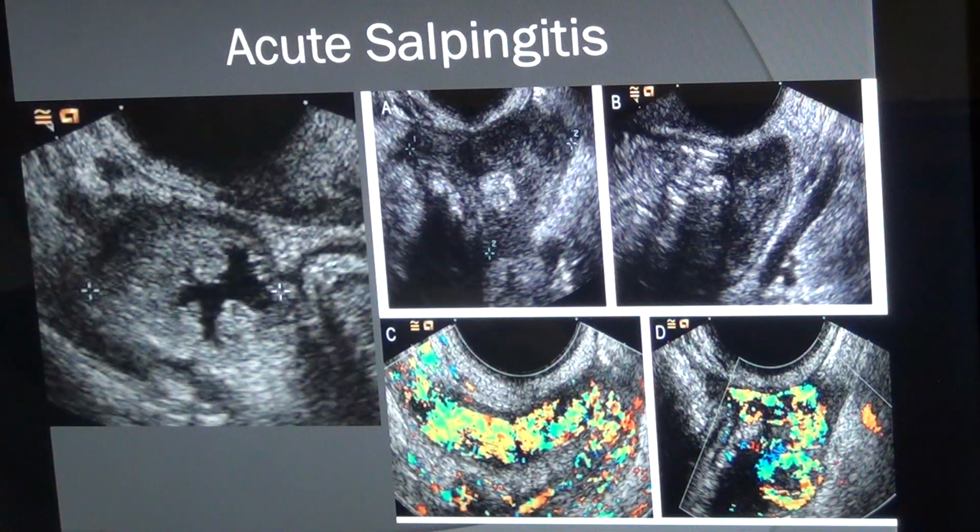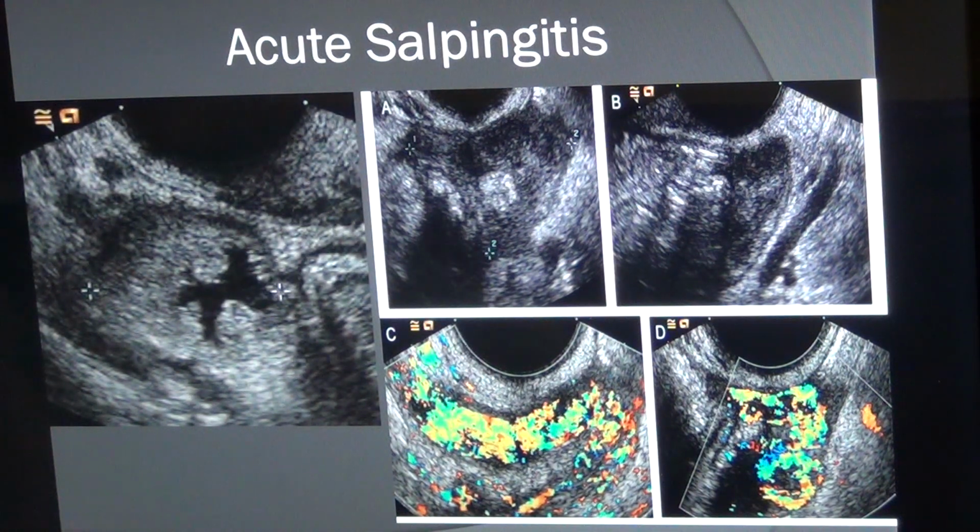Tubo-ovarian abscess or tubo-ovarian mass. And when you click the color, you will see too much color around that fallopian tube or the tubo-ovarian abscess or tubo-ovarian mass.